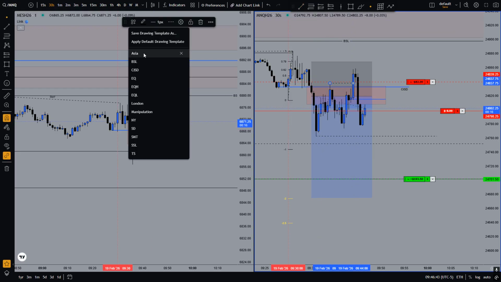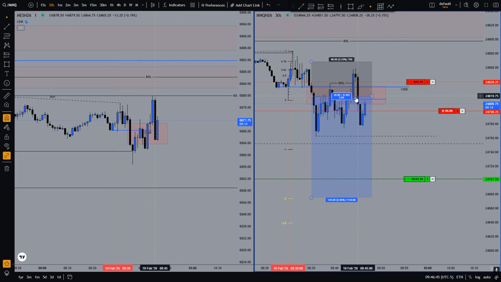But right here, we see internal high get taken. We then see instantly us follow through lower. We get through this 30-second, then we put in this change to the downside here.